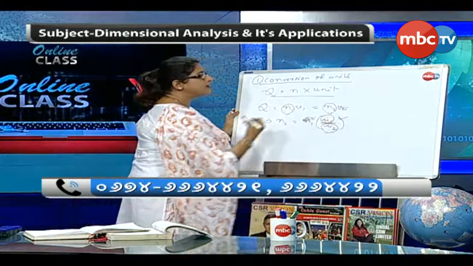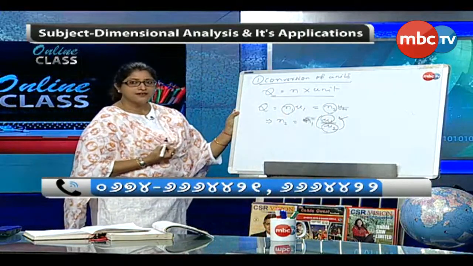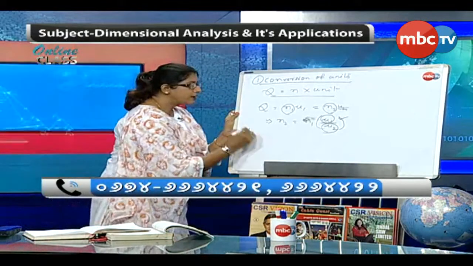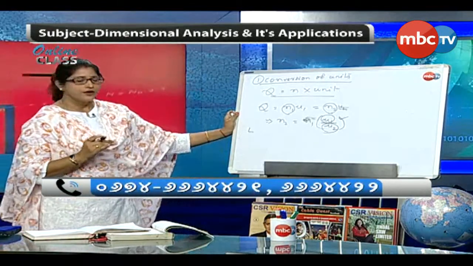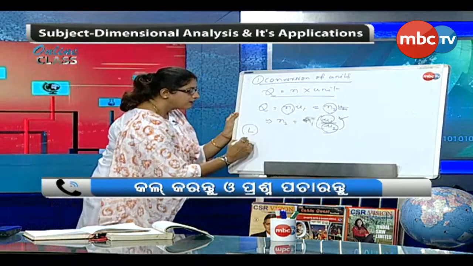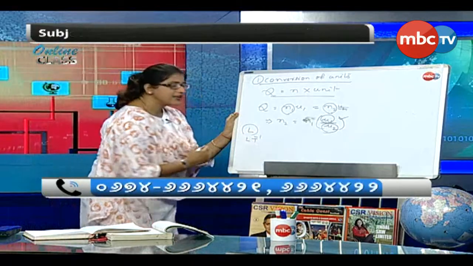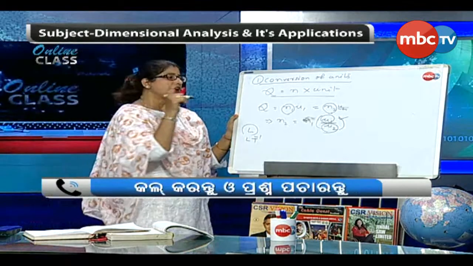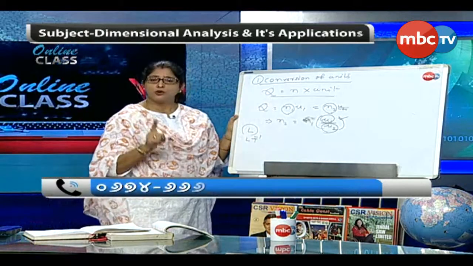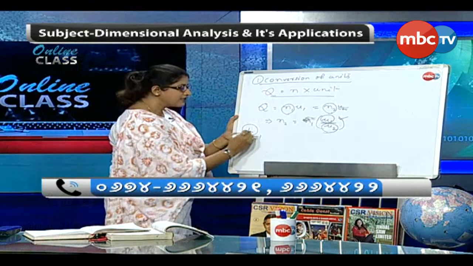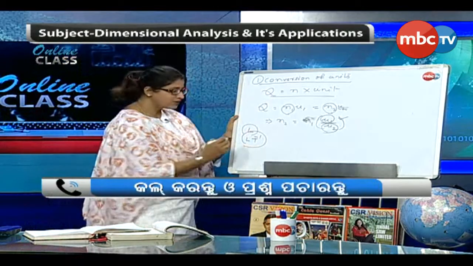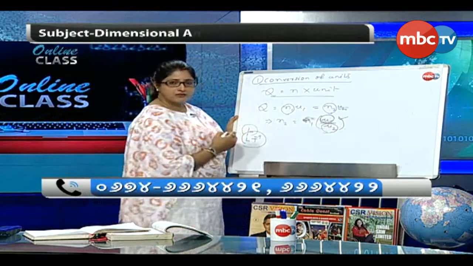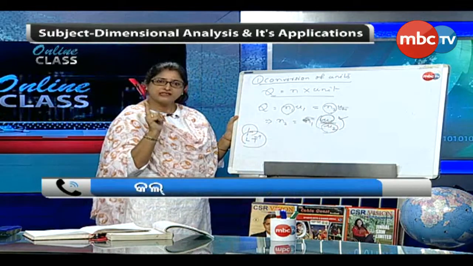So, whatever the system of unit is, for example, as I told you, length is the physical quantity, or say speed. The dimension of speed is LT to the power minus 1. So, speed, whether it is in meter per second or kilometer per hour, the dimension remains the same. It is L T to the power minus 1. So, whatever the system of unit is, dimension remains the same.